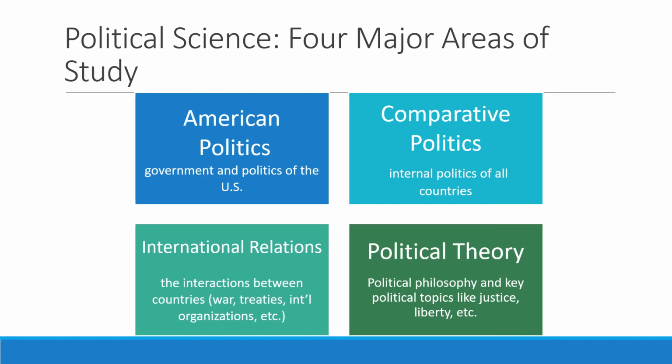And this is basically political philosophy. We study the key political topics like justice or liberty. We look at what current and ancient philosophers have thought about them, and we apply that to politics today.